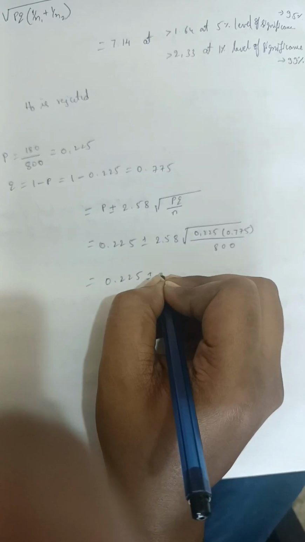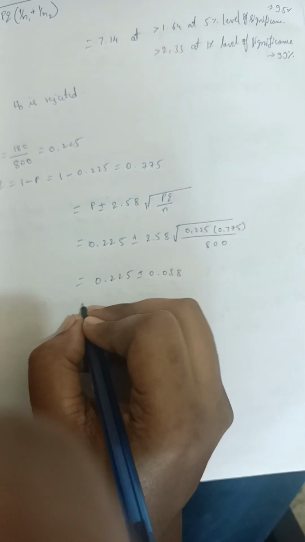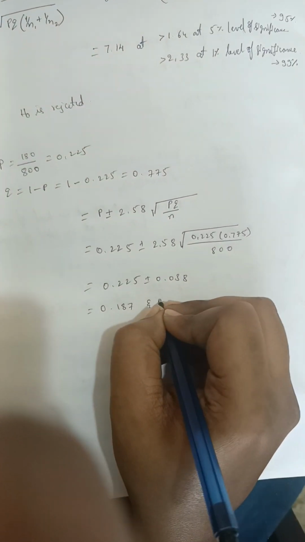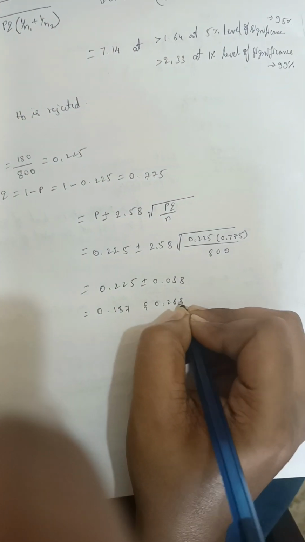and we get 0.225 plus or minus 0.038, that is 0.187 and 0.263.